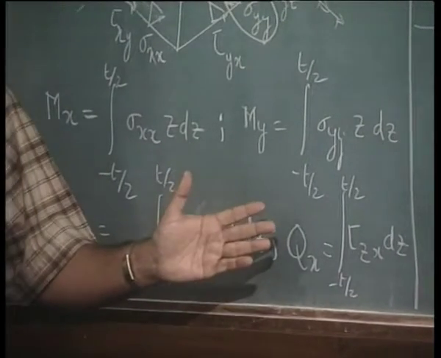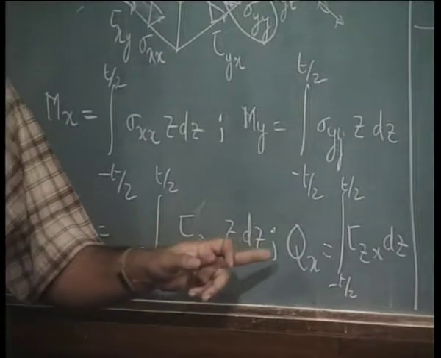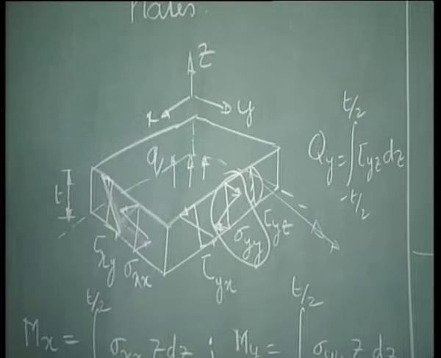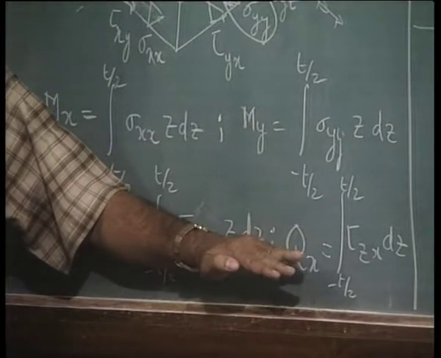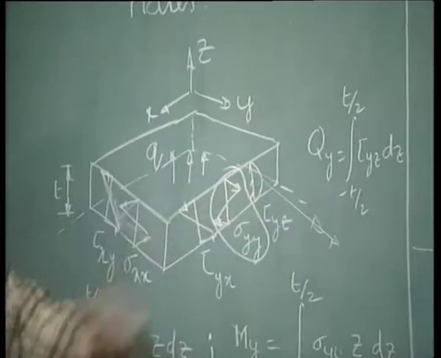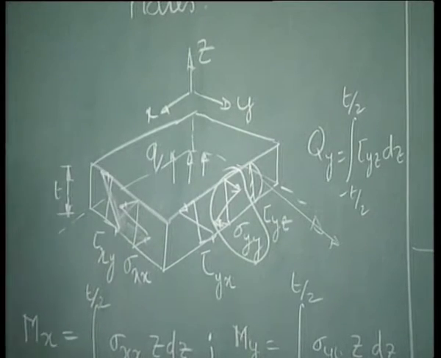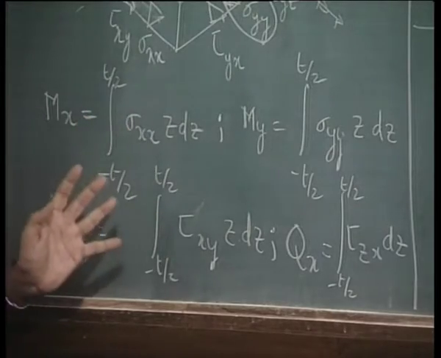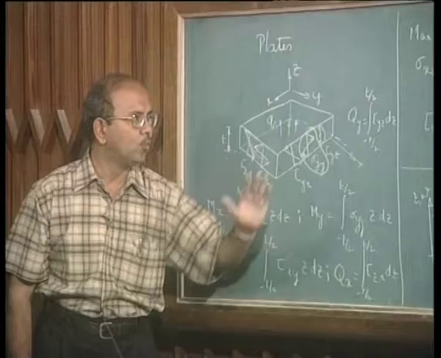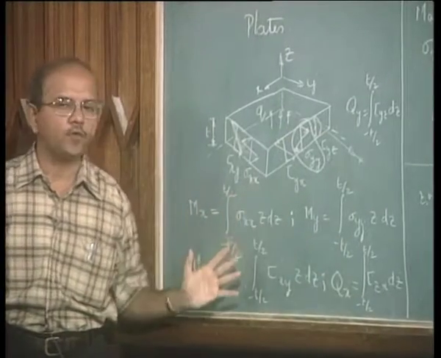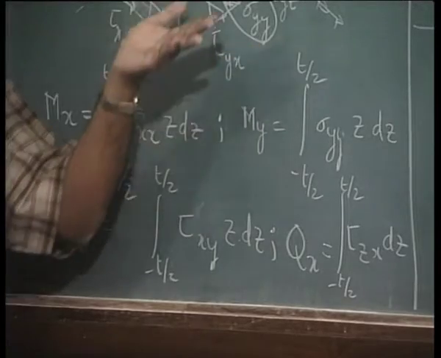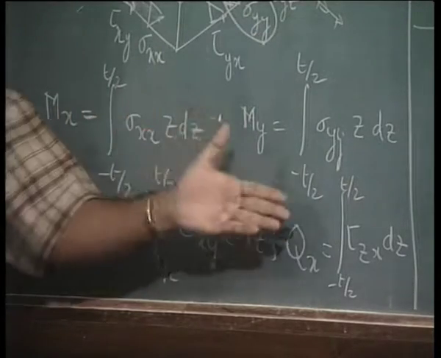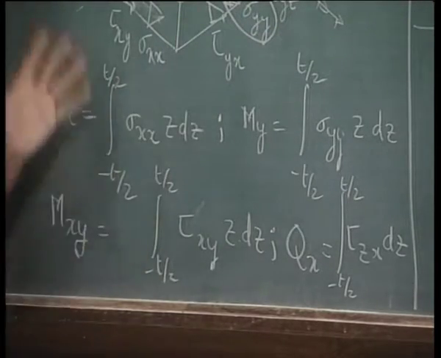The shear forces are produced by say tau zx and tau yz, and these shear forces we designate as qx and qy. Look at all these things carefully. That is, in other words, we have mx, my, mxy, qx and qy, these being the moments and forces which are produced due to the normal stresses and the shear stresses. Okay, that gives an overall picture.